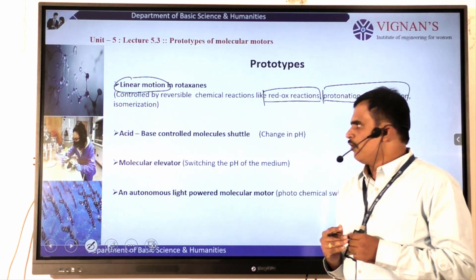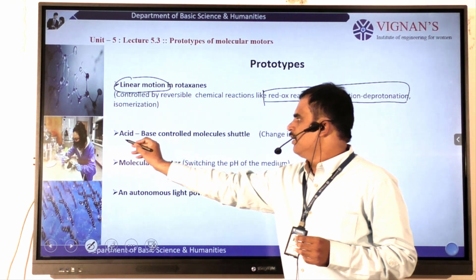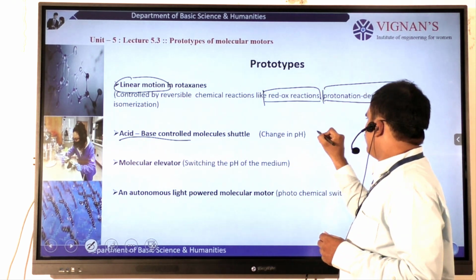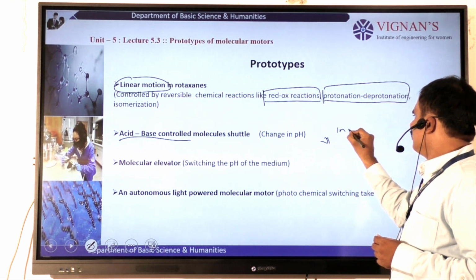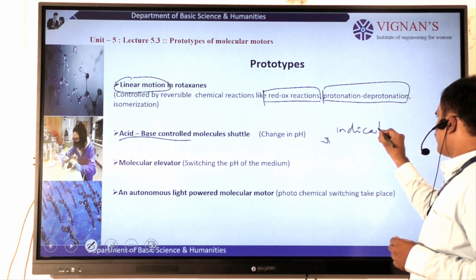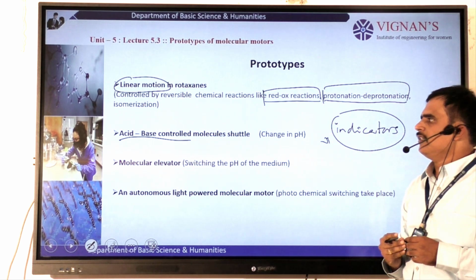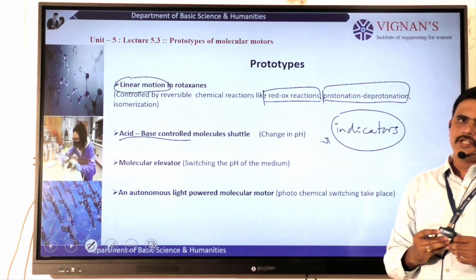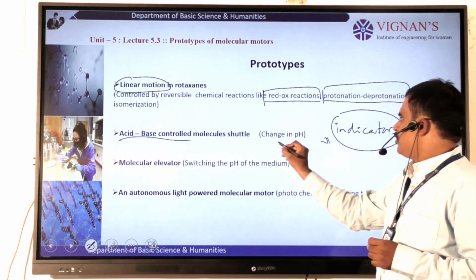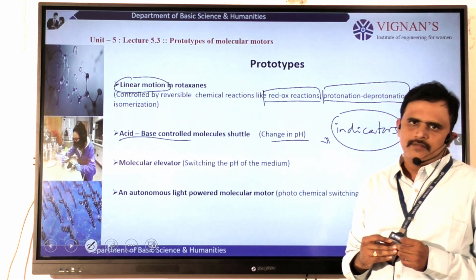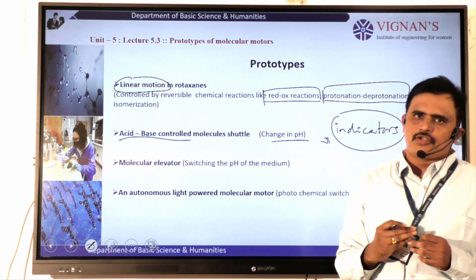Now the second one is acid-base controlled molecular shuttles, like indicators generally observed in acid-base titrations. With the change in the pH of the medium, these molecules change their color with the change in their structure.